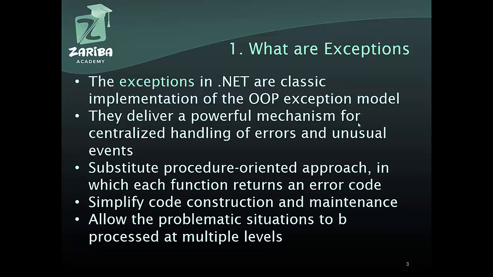Exceptions in .NET are a classic implementation of the object-oriented programming exception model. So what does that mean? It means that, contrary to this second thing here, you have a class of exceptions, and they're separated into different types.